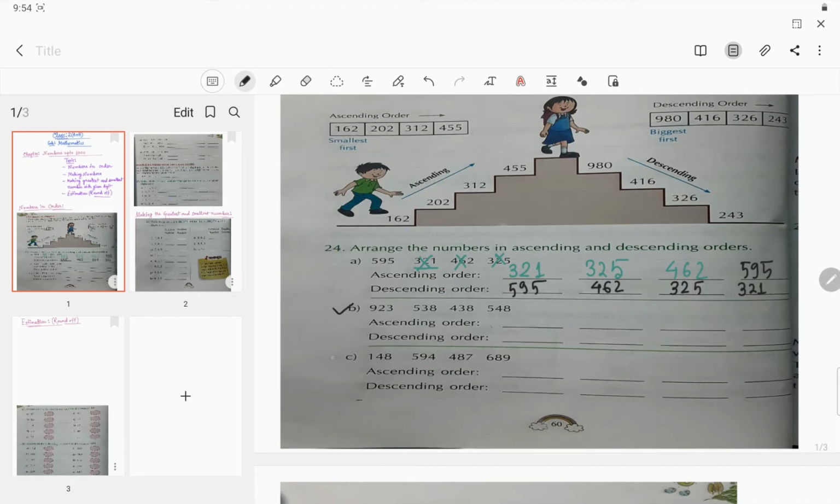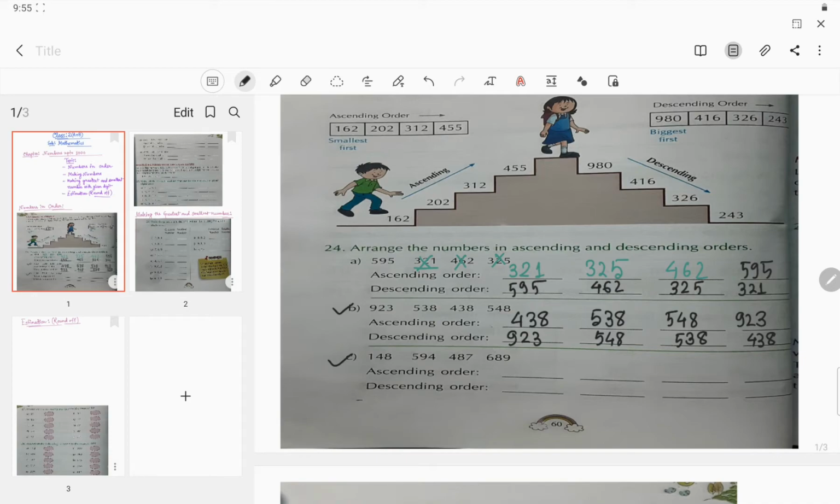Similarly, B number and C number you can solve in the same manner. Here at first it will come 438, then 538, then 548, then 923. So I am now reversing the order. At first I am writing 923, then 548, then 538, then 438.